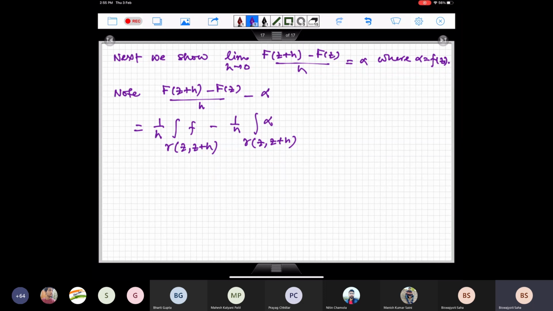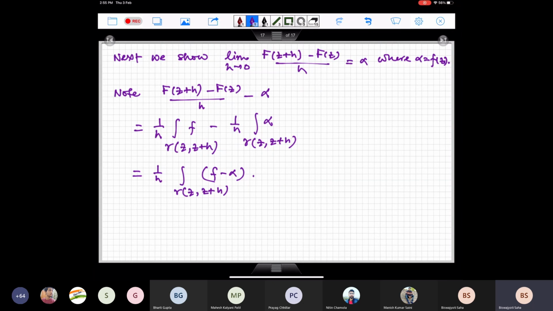So once I have this, this will be equal to 1 upon h integral over gamma z to z plus h of f minus alpha. I can write it like this. So all of you agree to this? Tell me if you could follow this or not. Yes. Okay, great. So I have this particular integral.